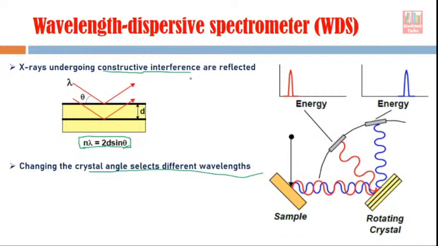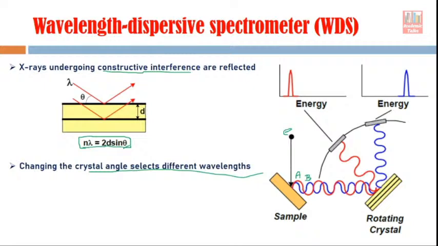Now you can see here, when the electron beam is falling on the sample, two different X-rays are coming out. I told you these two different X-rays may be from the same element, or they may come out from different elements also. But here, for simplicity, let's assume that this red one is coming out from element A, and this blue one is coming out from element B, right?